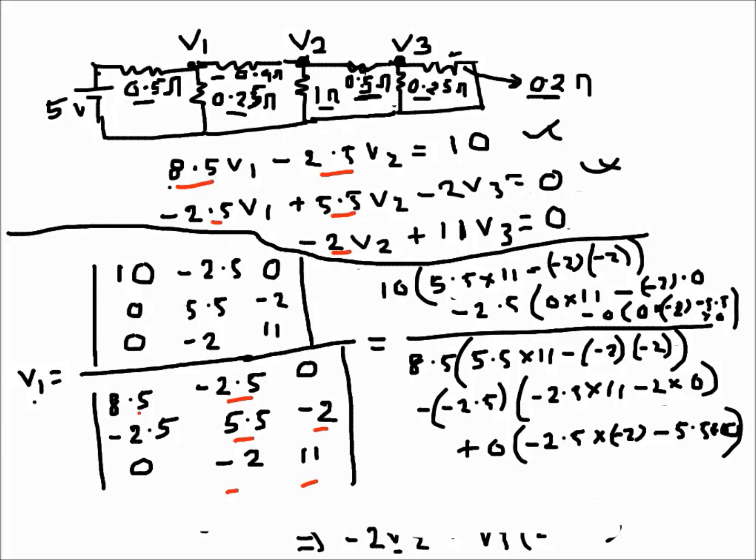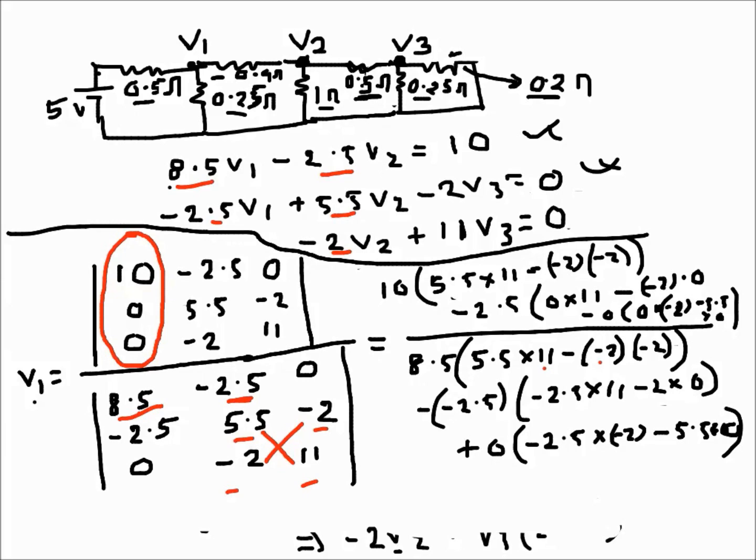And the numerator, since this is the first term, the right hand side replaces the first column as before. This is exactly the same as the loop current method. It's just solving three simultaneous equations using the determinant method. And then here I have written them down. For 8.5 it's this cross this multiplied with this cross this, so 5.5 into 11 minus minus 2 into minus 2.